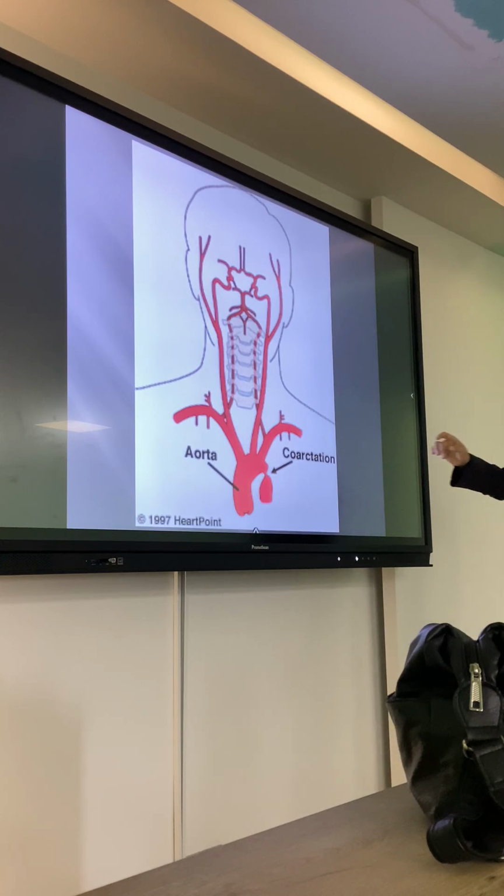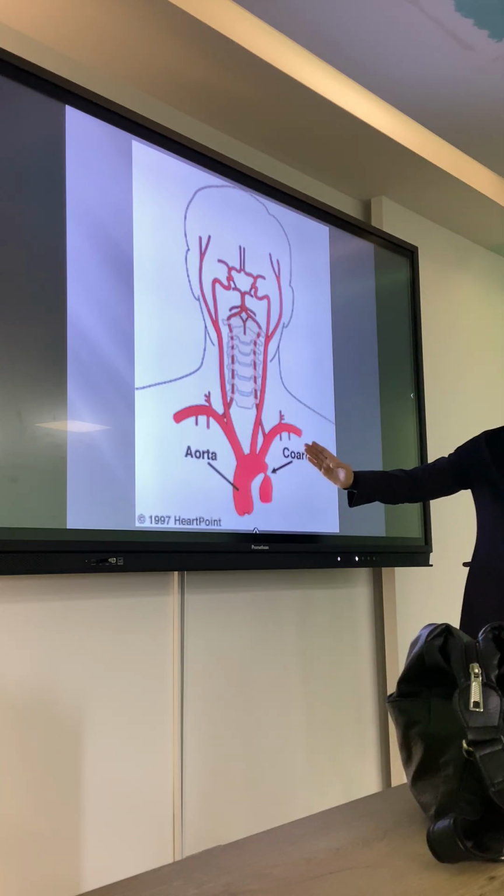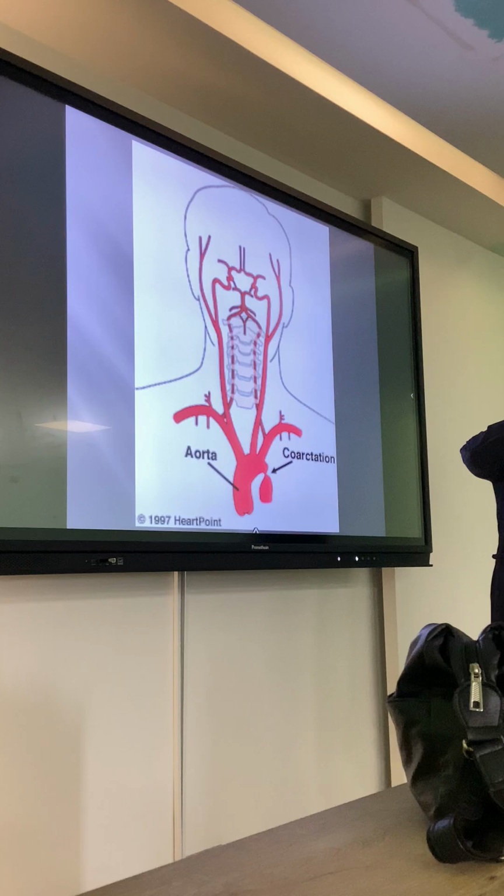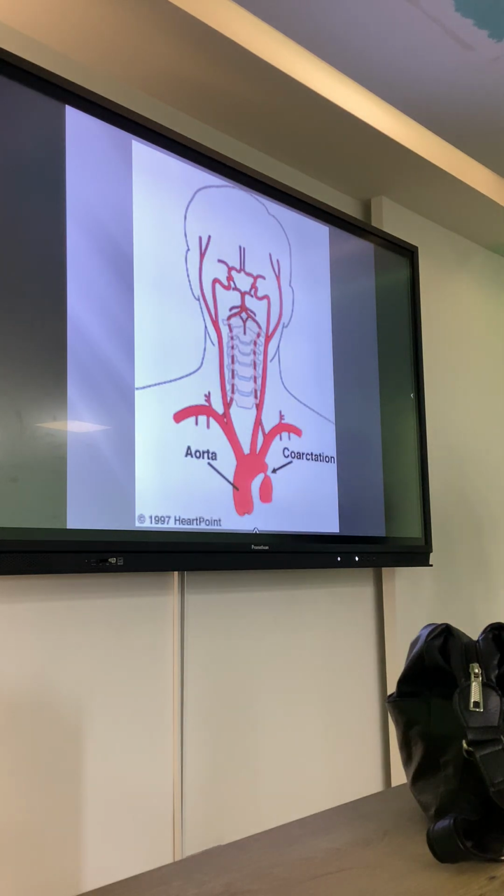The pressure goes up in these branches that go to the brain, and high blood pressure leads to hemorrhage and leads to death. Pay attention. Detecting coarctation of aorta is very, very important.